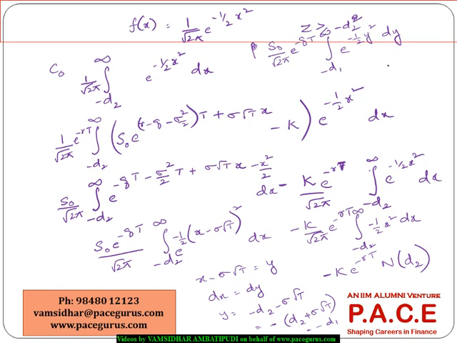This is again s naught into e to the power of minus qt, and minus d1 to infinity is nothing but N of minus d1, which is the same as minus infinity to d1, so I can write it as N of d1. So the first part becomes s naught e to the power of minus qt N of d1, and the second part becomes k e to the power of minus rt N of d2.